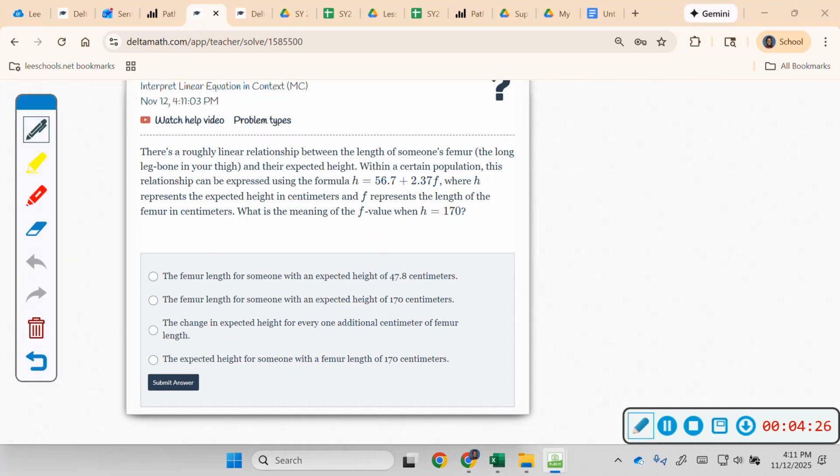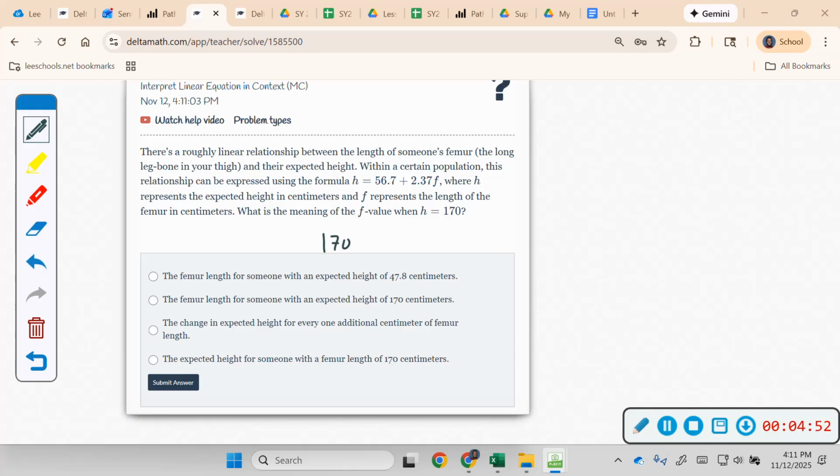So it says there's roughly a linear relationship between the length of someone's femur, the long leg bone in your thigh, and the expected height within a certain population. This relationship can be expressed using the formula, where h is the expected height in centimeters and f represents the length of the femur in centimeters. What's the value of f when h is 170?